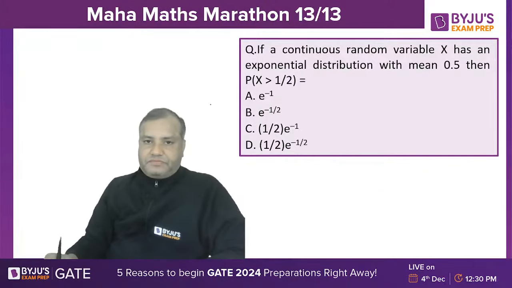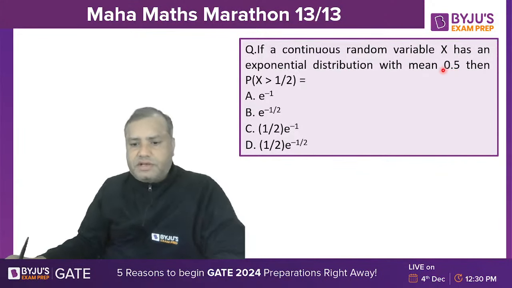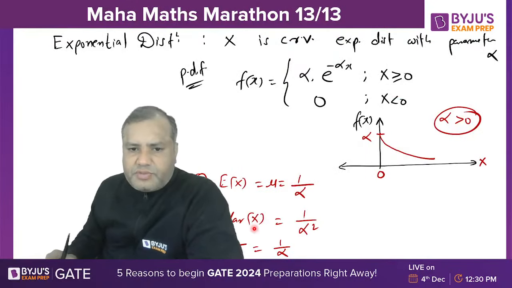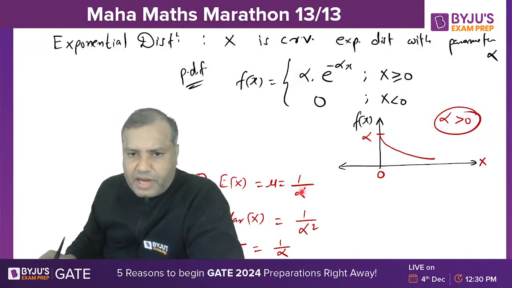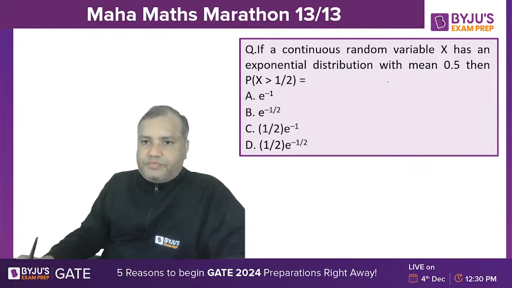Now see this. If a continuous random variable x has an exponential distribution with mean 0.5, students, see, for exponential distribution the mean mu and alpha are reciprocal of each other. So mu is given as 0.5.